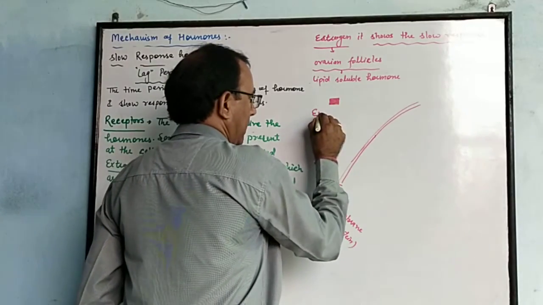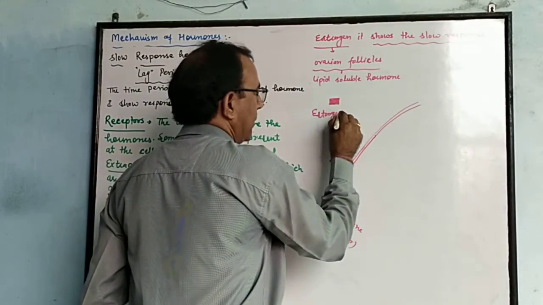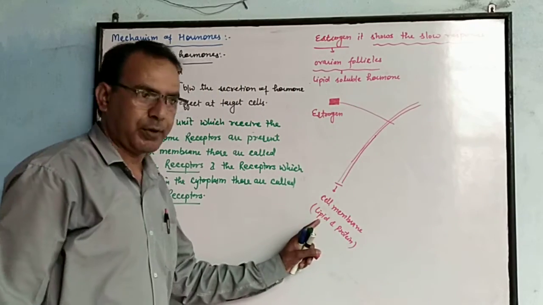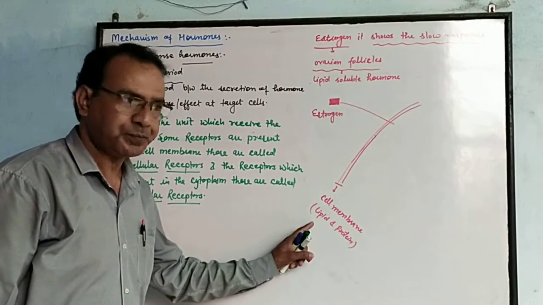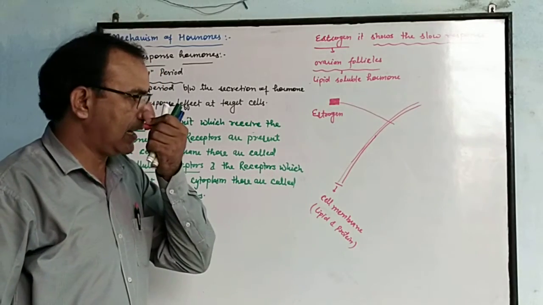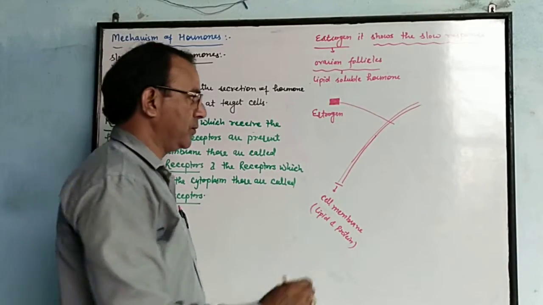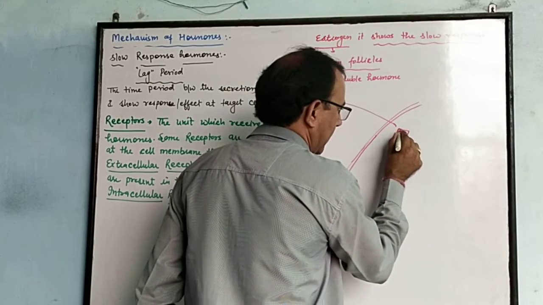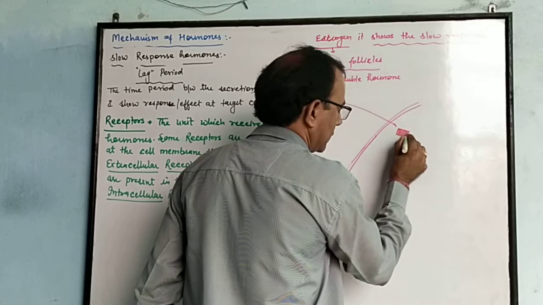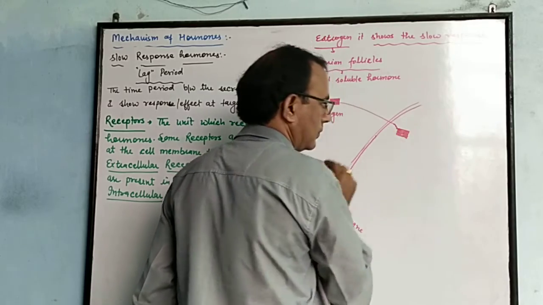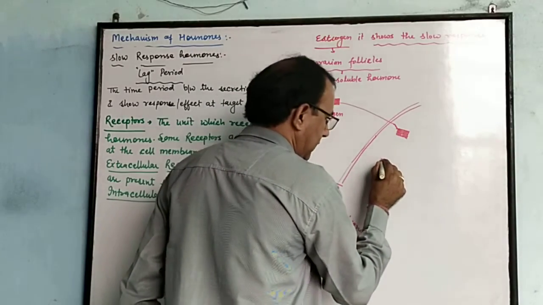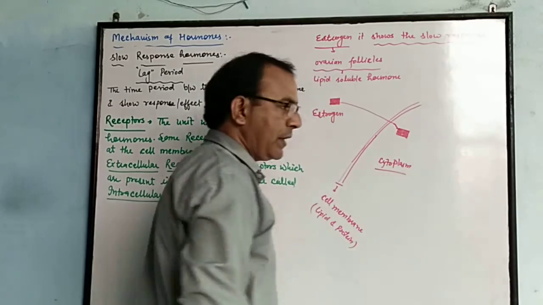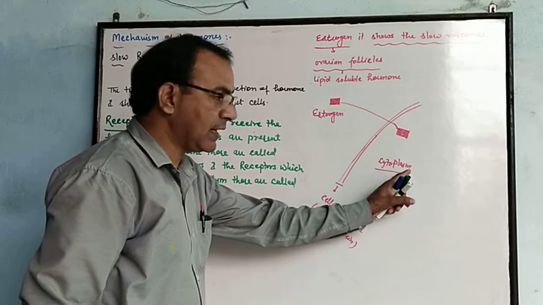As estrogen is lipid soluble, it passes directly through the cell membrane, because the cell membrane is made up of lipid. So estrogen passes directly through the cell membrane and reaches the cytoplasm.